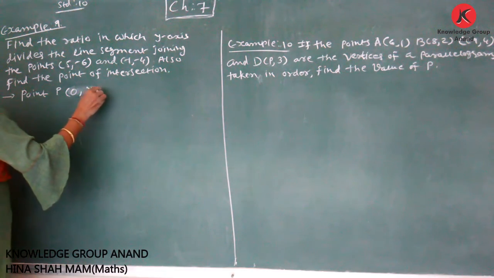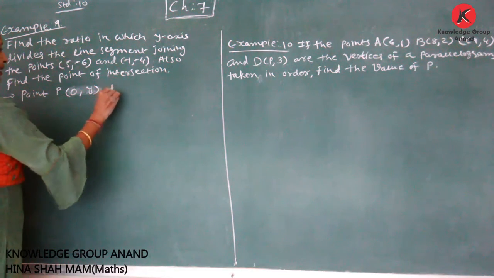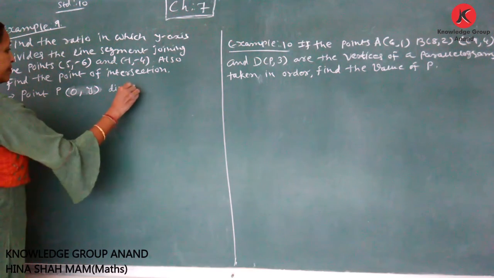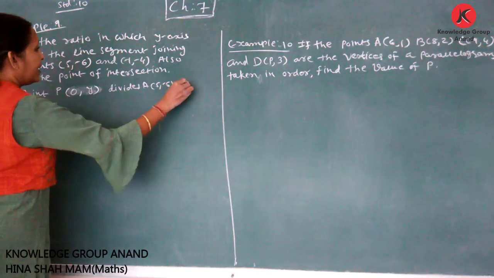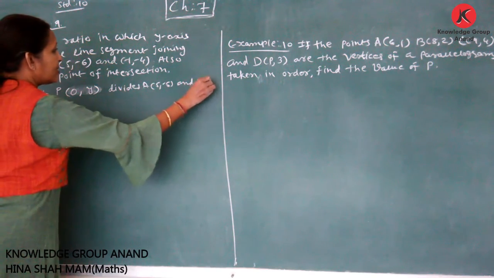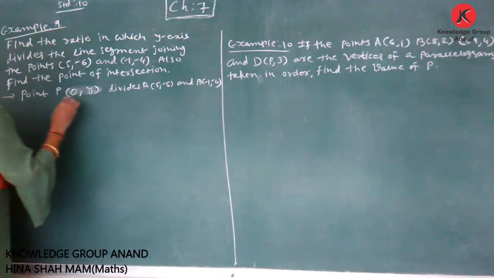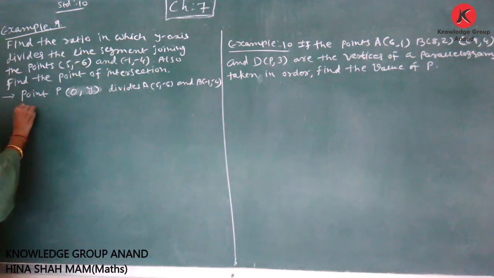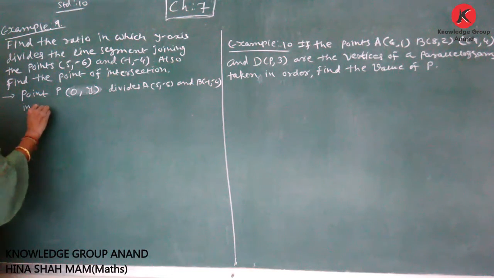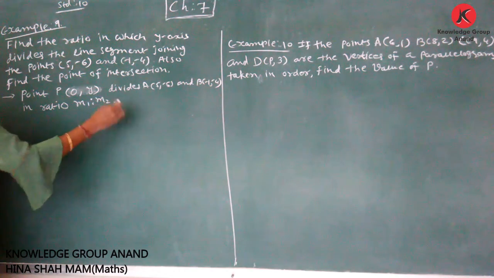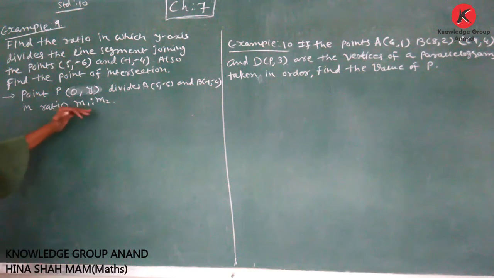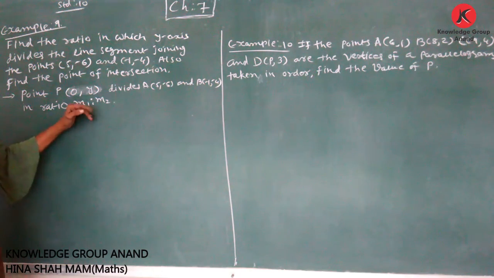Point P divides A (5, -6) and B (-1, -4) in the ratio m1:m2. We find its ratio here.